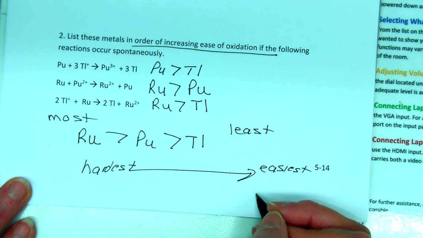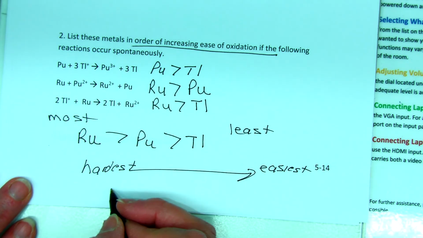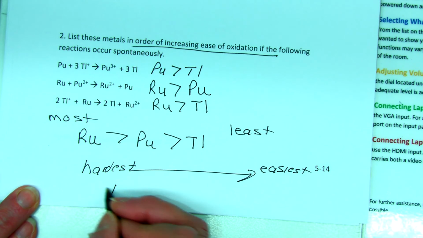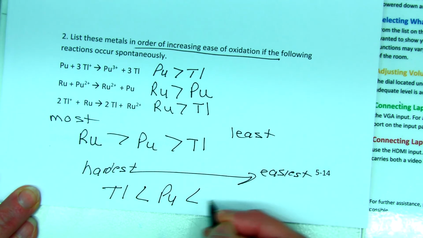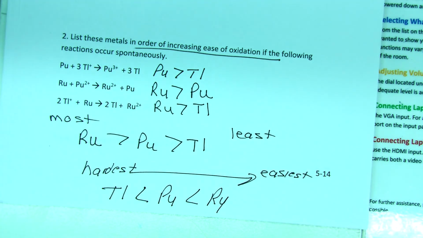So, what order do they go in? Who goes first for hardest? Tl, Pu, Ru. Is that hard? Haven't we talked about activity and we defined it saying that when something's more active, it's getting oxidized? We did.